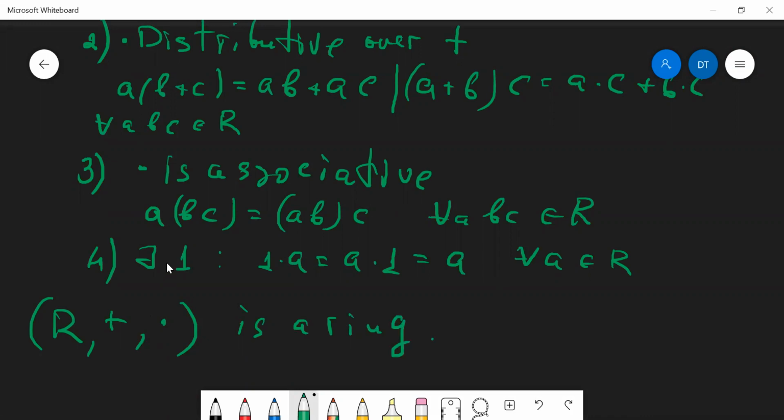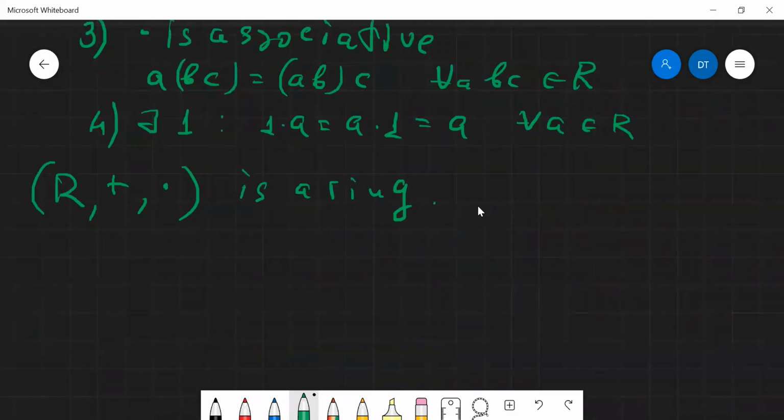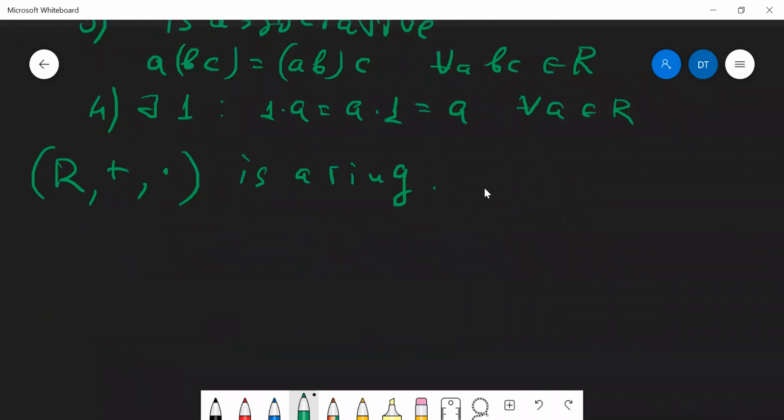This is not the most general definition of a ring, but this is one of the more useful ones, a convenient way to define a ring.